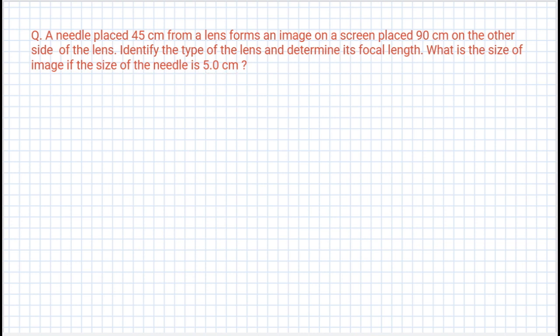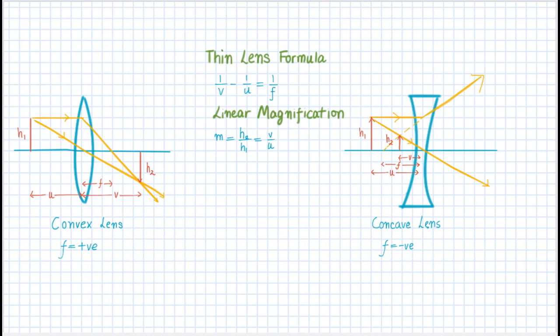In our question, they have first asked you to identify the lens and determine the focal length. For this, first you will determine the focal length. After you have determined the focal length, then you can identify which kind of lens. If our focal length is negative, then what kind of lens will we have?